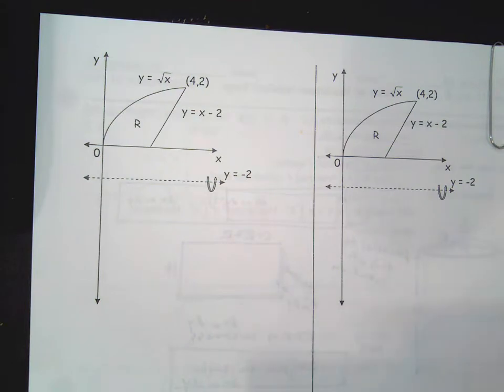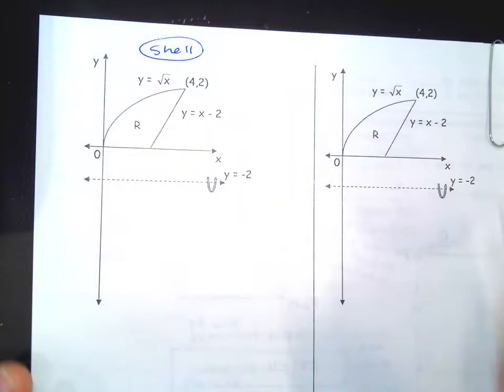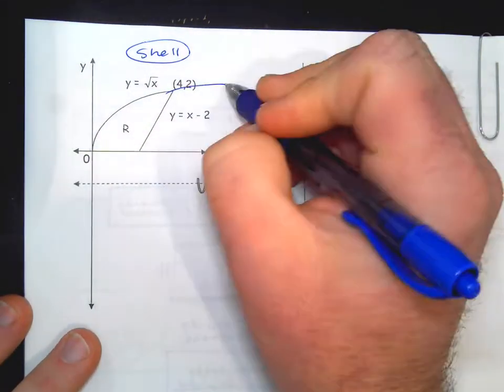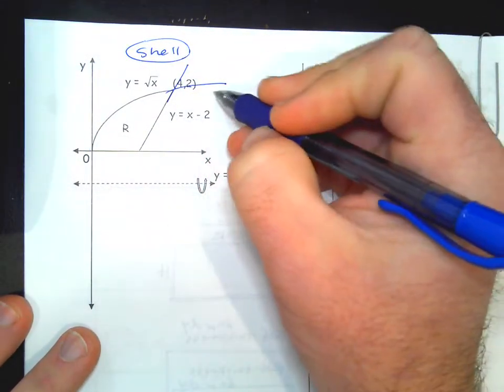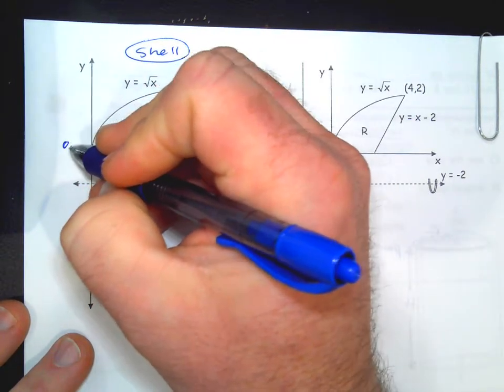So let's try a couple more. Both ways. We'll start with the shell method. We have the sideways parabola. We have a line. The intersection is given to us. This is 0, 0.